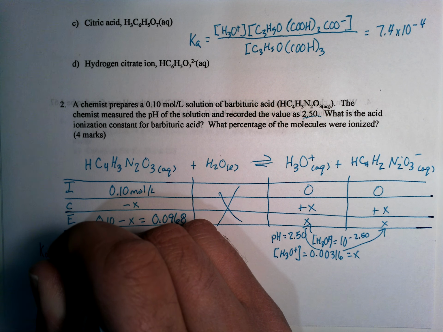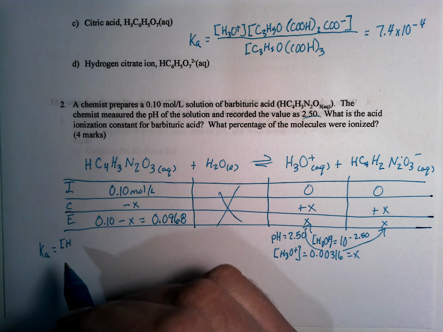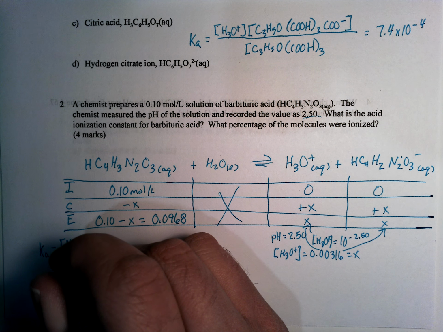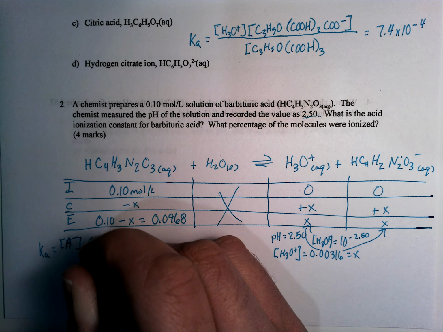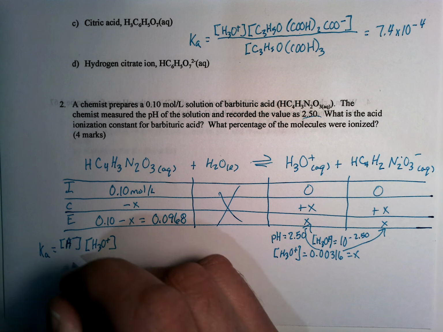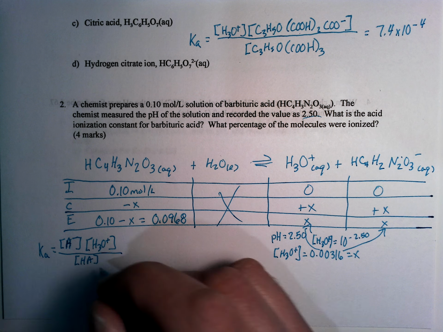Now we put those numbers into our Ka formula. We have our conjugate base times our hydronium times, divided by our weak acid. I'm just going to use the generalized term here to make it a little quicker.